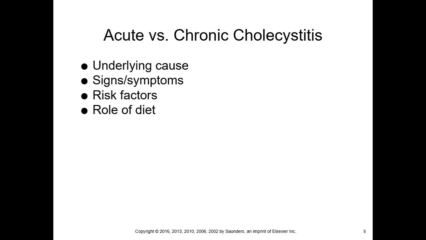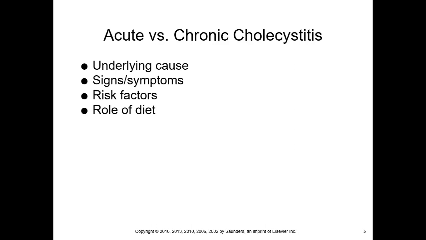Other signs include fever, gas, steatorrhea, which is fatty stools, pruritus, nausea, vomiting, especially after ingesting a high-fat diet. Jaundice happens with obstruction from excess bile salts accumulating under the skin, and that causes itching, which is pruritus. Chronic cholecystitis leads to dark urine and clay-colored stool.